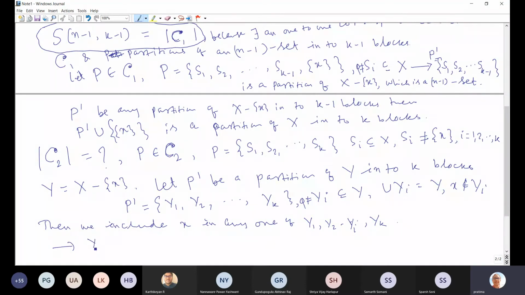Then it looks like this: Y1, Y2, Yi union the singleton set X, and Yk.